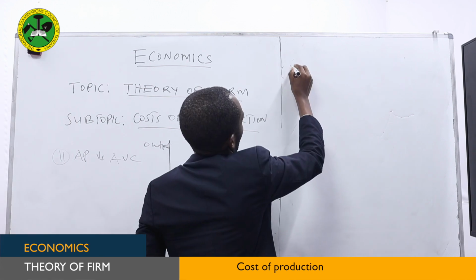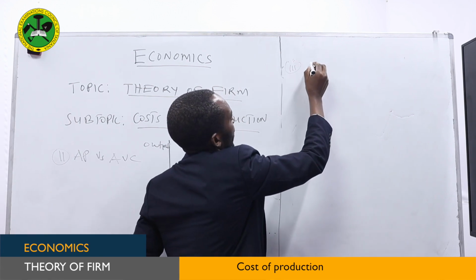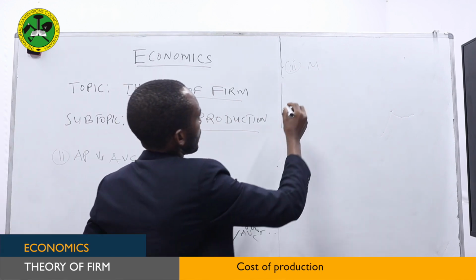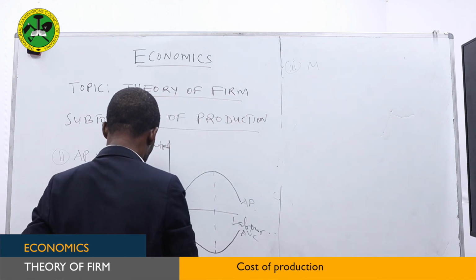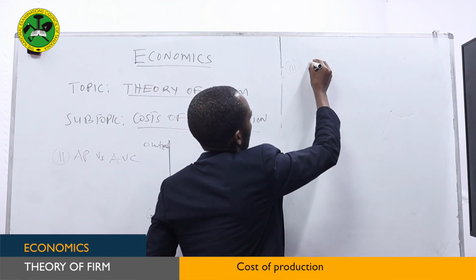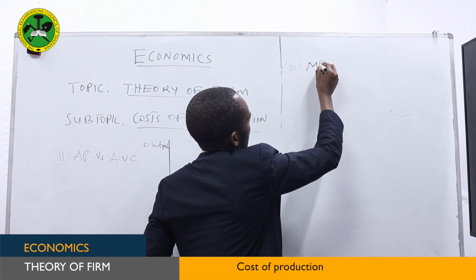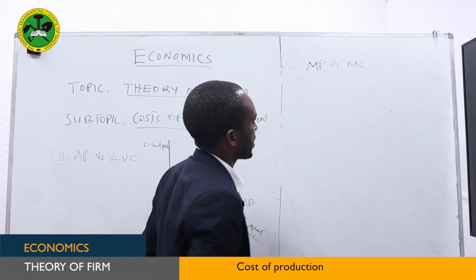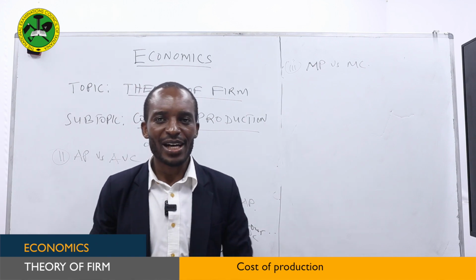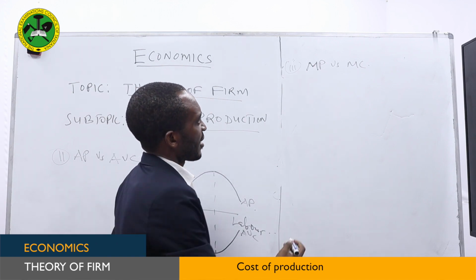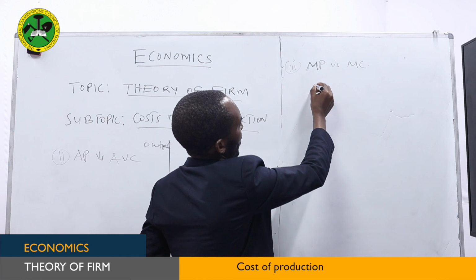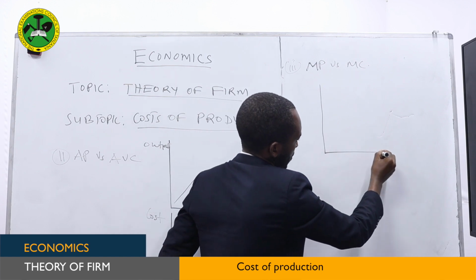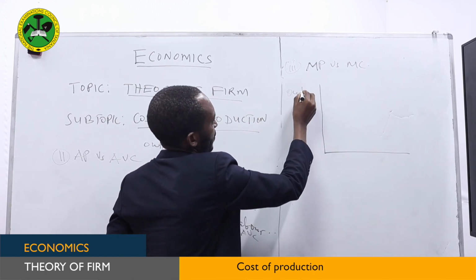Then the third case is the marginal product versus marginal cost. So let us see the relationship between the marginal product and the marginal cost. Let us start with the graph of marginal product. Here is the output.